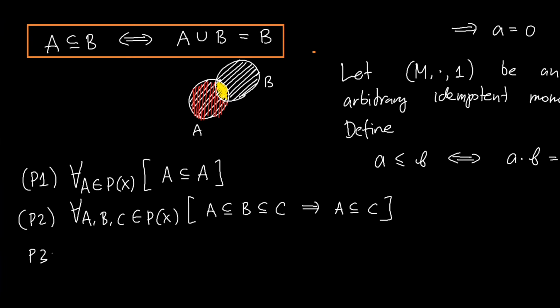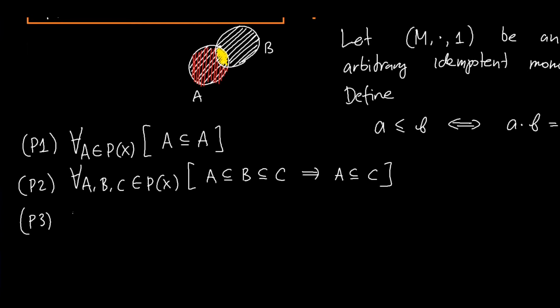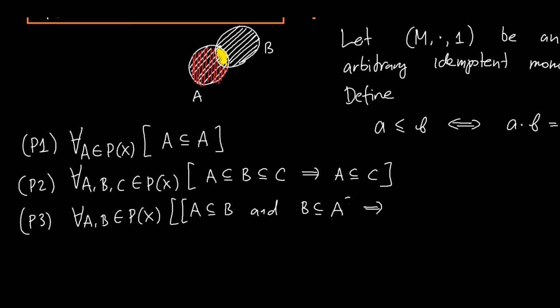We actually have quite a number of nice properties. One of the other properties is called anti-symmetry. For every A and B, if A is a subset of B and B is a subset of A, then this implies that A equals B. And let me just remind you that this upside down A is short form for every.